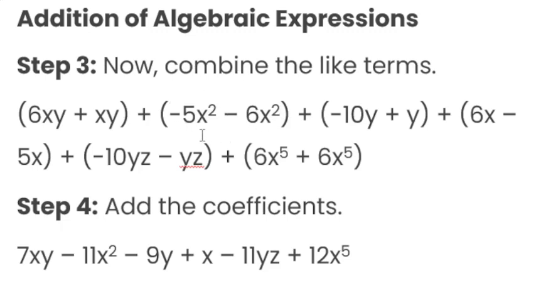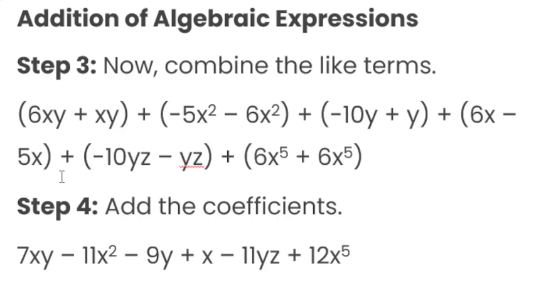So remember to keep your signages. And it's an addition, so I put a plus over here. With the same terms, minus 5x squared, minus 6x squared. Obviously y is the same, so I brought them together. The same is true for 6x and minus 5x.